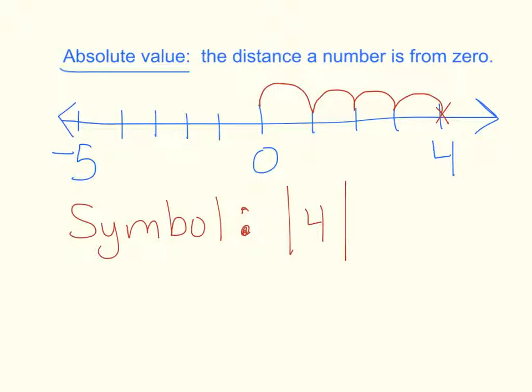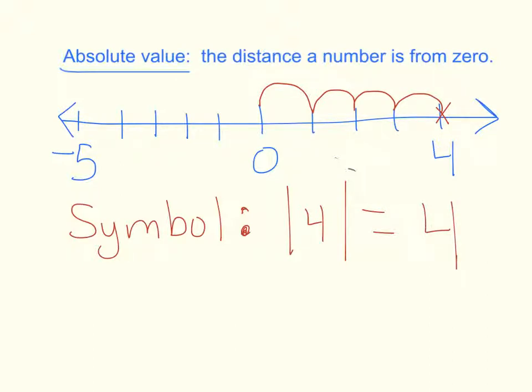That's what this says, the absolute value of 4, not negative 4, I'm sorry. The absolute value of 4 equals 4 because it's 4 spaces away from 0.